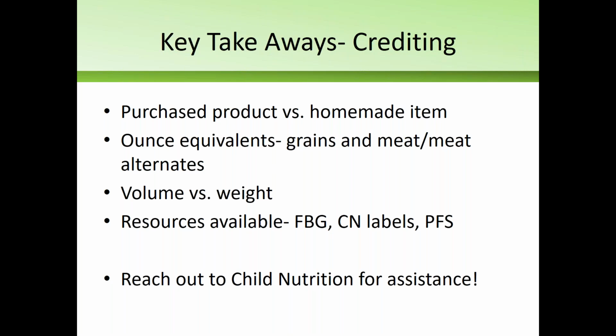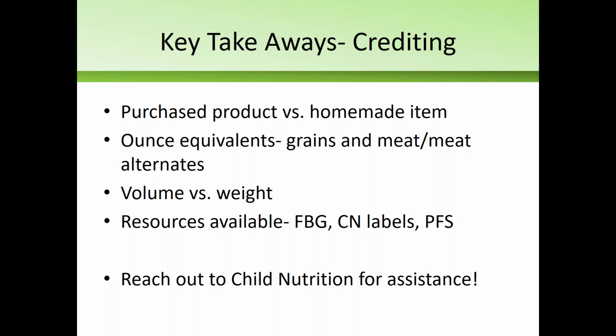So here are some key takeaways from the presentation. There's a difference in crediting a purchased product versus a homemade item. We talked about the concept of ounce equivalents for grains and meat alternates. Just because it is a 2-ounce muffin, it doesn't credit as 2-ounce equivalents of grain. We also discussed how volume and weight are different in terms of fruit and vegetable servings.